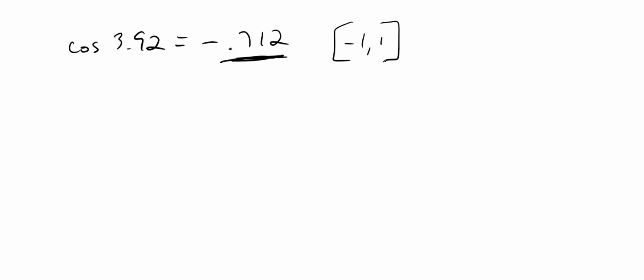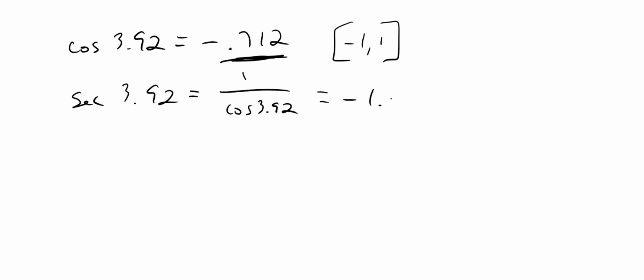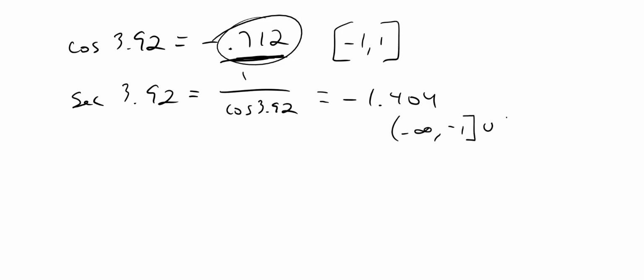Okay? So if I type in the secant of 3.92, it's 1 divided by cosine of 3.92. Okay, which is negative 1.404. Again, it's the reciprocal of that answer of 0.712. Okay, and if you guys remember this, that's between negative infinity and negative 1 union 1 to infinity, right?